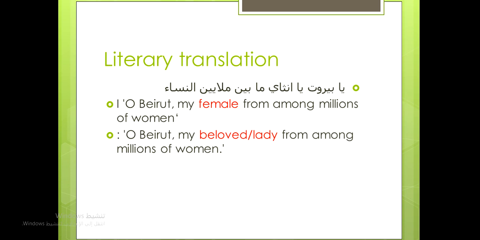So here the formal equivalence would fail. قباني ما راح يوصل نفس الفكرة اللي قباني بيحاول يوصلها. So here functional equivalence could be the best choice, translating it as O Beirut, my beloved or my lady, instead of saying female, my lady from among millions of women.